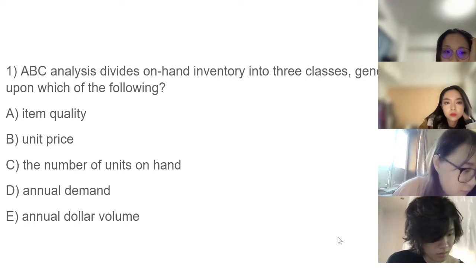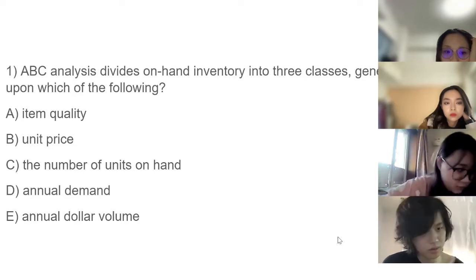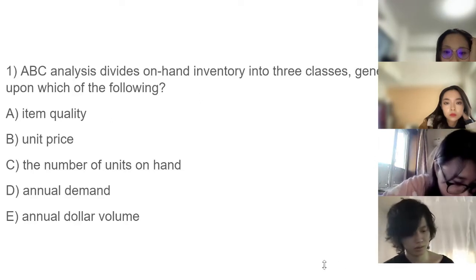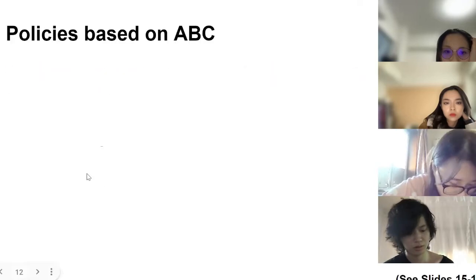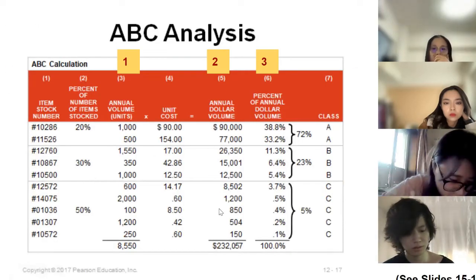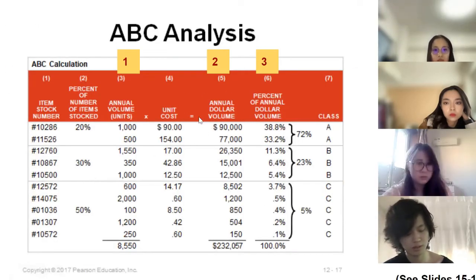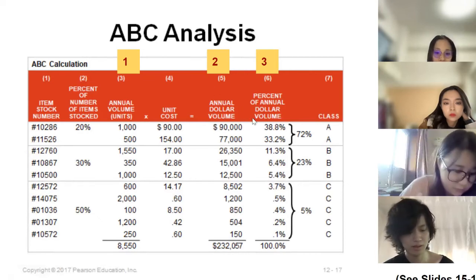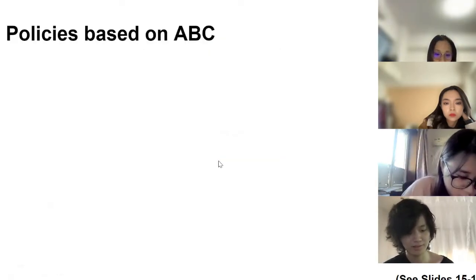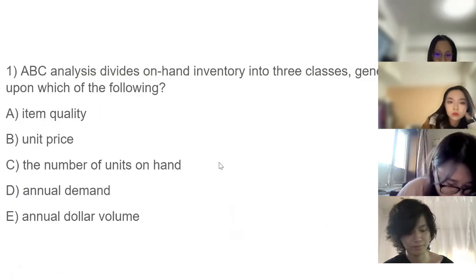Okay, the answer is E, annual dollar volume. Okay, annual dollar volume. Never mind, it's okay. Don't worry.